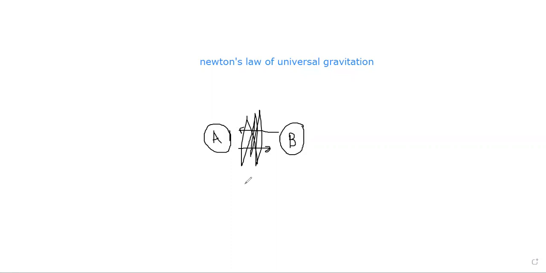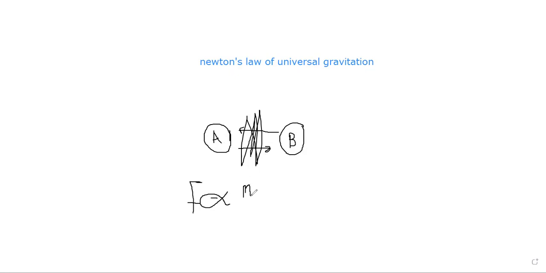And when we're saying the product, that means you take the mass of A and the mass of B and multiply them. So we're going to have a force in between the two objects, and that force is directly proportional to the product of the masses.